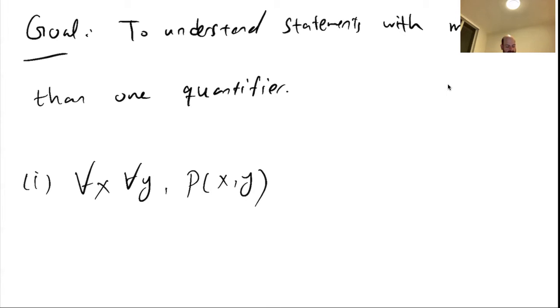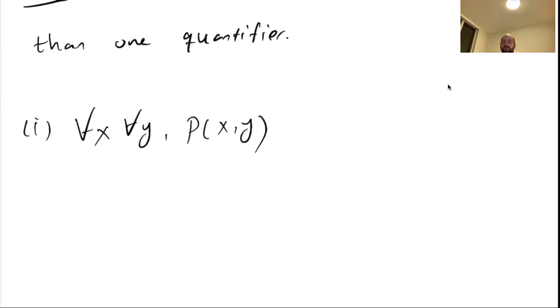Okay, so let me give you an example first. We want to know under which circumstances we can say this statement is true and when can we say it's false.